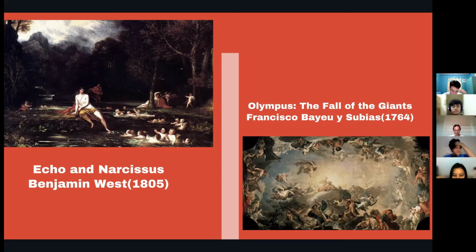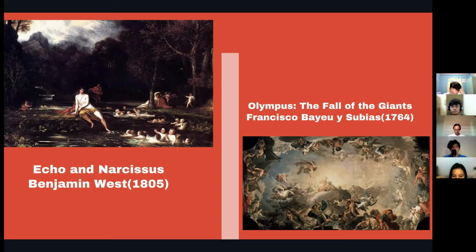So, Echo, as you can see in the back, is a nymph who was cursed to repeat the last words of every sentence she hears. The reason she was cursed was that she loved talking, albeit a little too much. And the second character, the main focus or emphasis of the painting, is Narcissus.